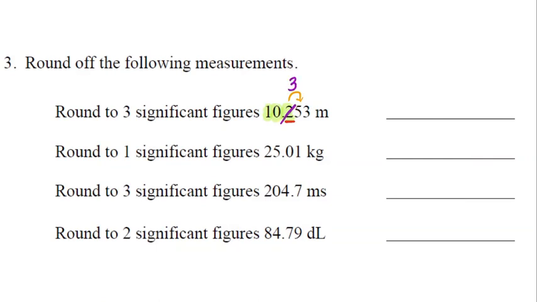So when I round that original measurement to 3 sig figs, the number that I will be reporting is going to be 10.3 meters, okay? And understand that the application of this, we're going to see in the next concept, which is how to deal with sig figs when I'm doing mathematical operations.